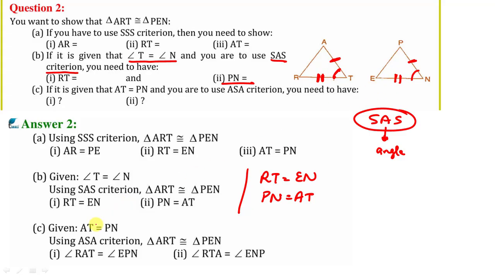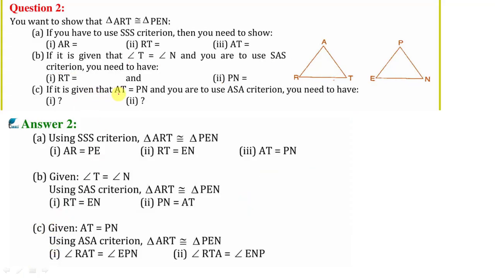So the third part is: it is given that AT is equal to PN, ASA criteria. The side AT is given, so ASA. The side is in the center and it is surrounded by angles.